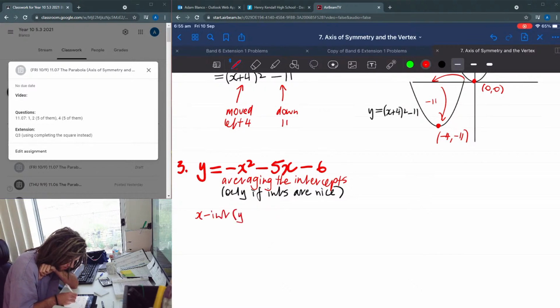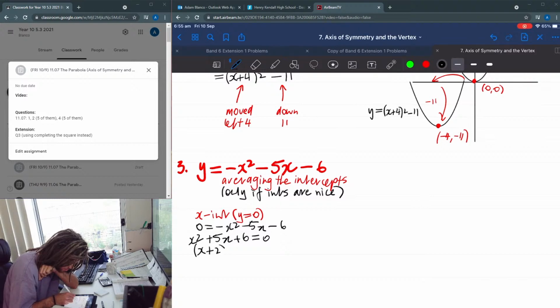I'll make y equals 0. So then I've got 0 equals minus x squared minus 5x minus 6. Then I'll move everything over so that the x squared is positive: x squared plus 5x plus 6 equals 0. That factorizes to (x plus 2)(x plus 3) equals 0. So that means x equals minus 2 and minus 3.